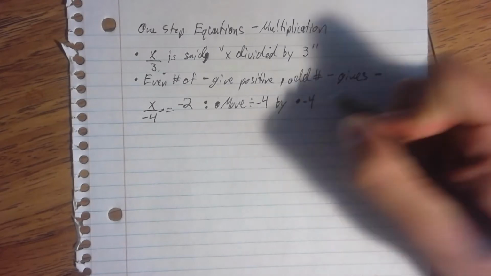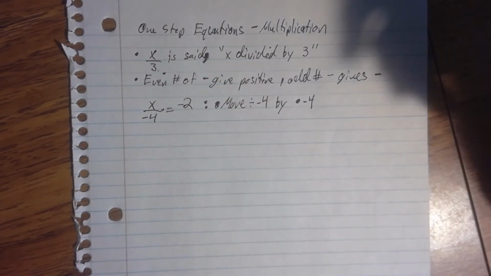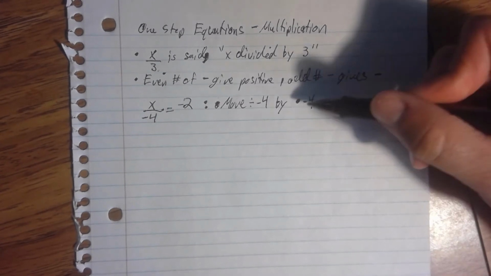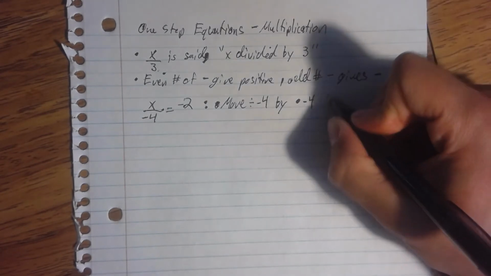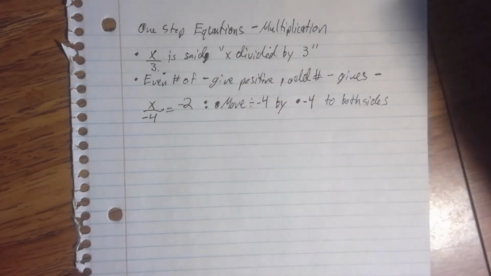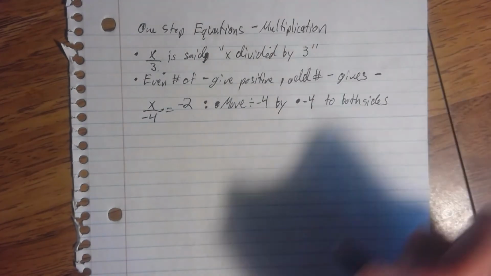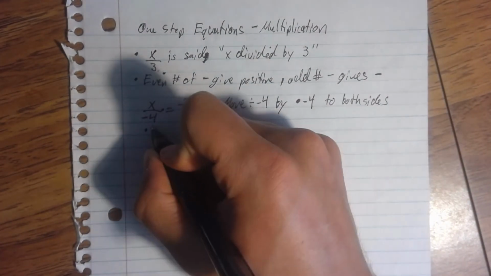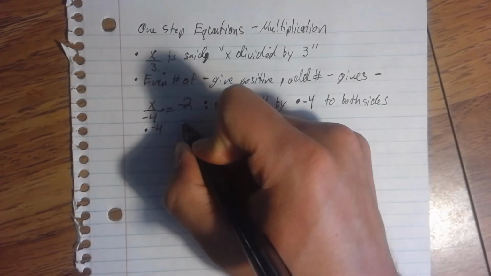And we only have to do the opposite operation, not the opposite number. So just the opposite operation. And we're going to do that to both sides. So we multiply negative 4, multiply negative 4.